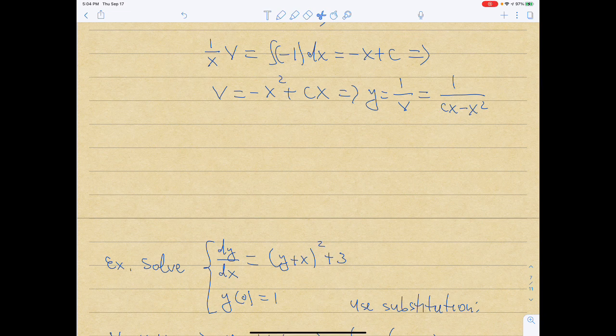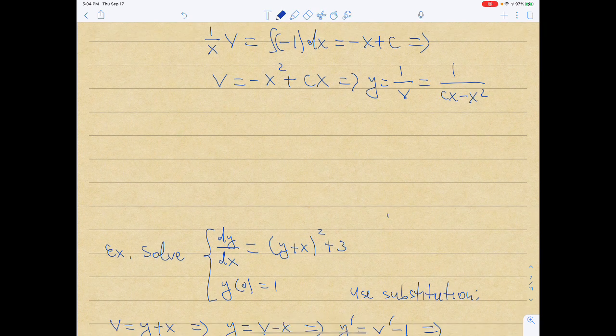It's not a homogeneous equation because if I replace y by vx, so actually let's try to verify that. If y is equal to vx, then on the right side I'm going to have vx plus x squared, which is x squared times 1 plus v quantity squared.